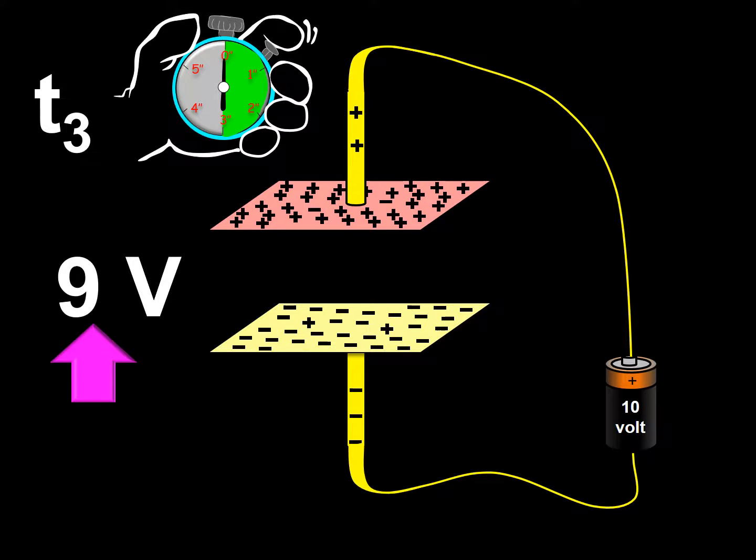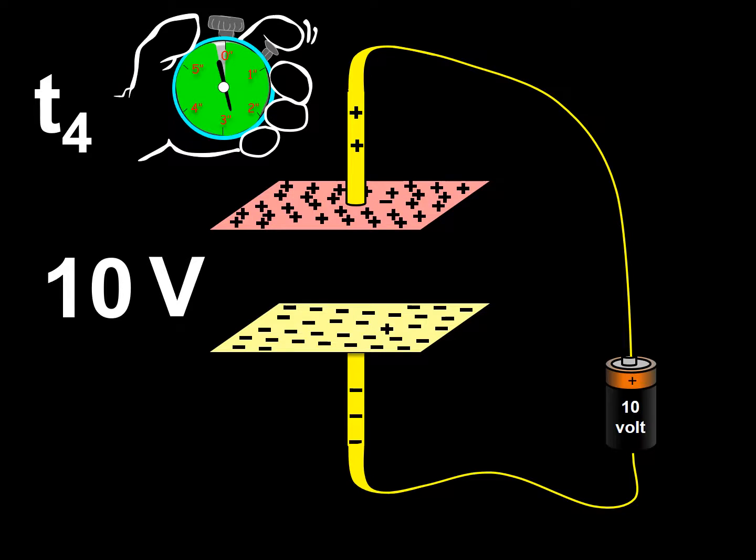I have indicated this in this frame by showing that only 2 volts have been added to the capacitor in a 2-second time span. Finally, as indicated in this frame, it has taken almost 3 seconds to add 1 more volt.